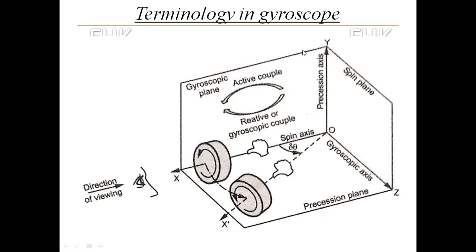This is turning about the axis OY, so you can see that precession from the top view, that turning of the spin axis about the OY axis. So the OY axis is called the precession axis.